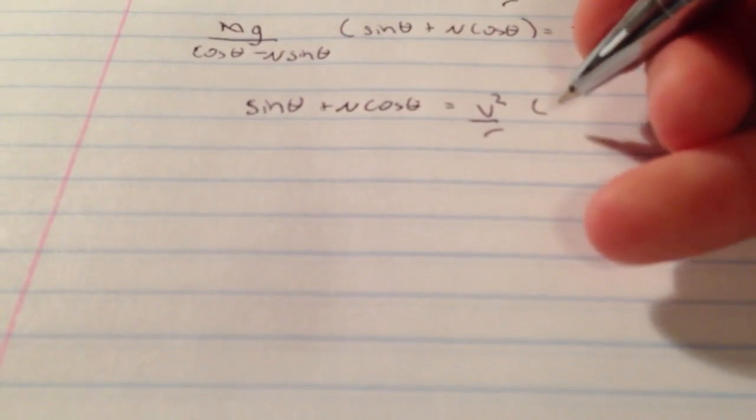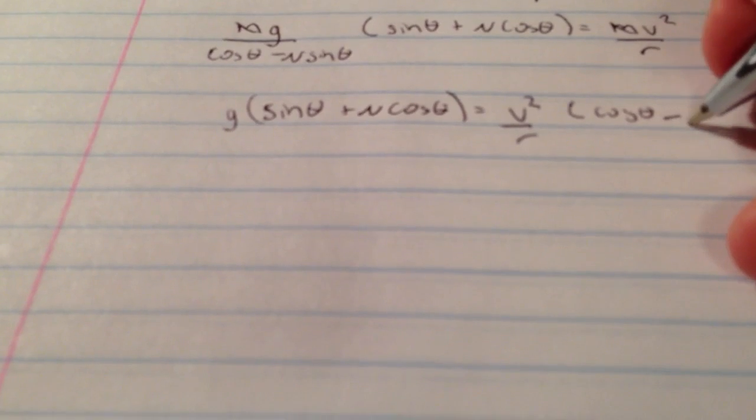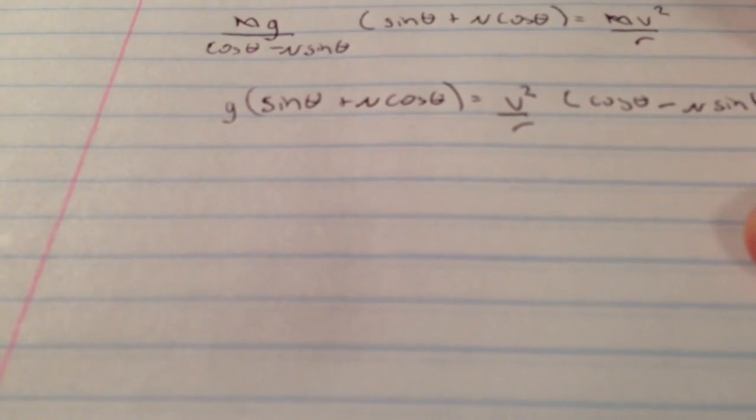Now our m's cancel out, and we multiply both sides by the denominator, cosine theta minus mu sine theta. So then we are left with g times sine theta plus mu cosine theta equals v squared over r times cosine theta minus mu sine theta.